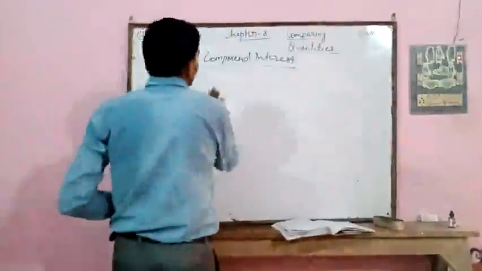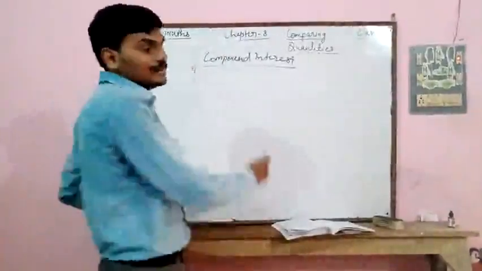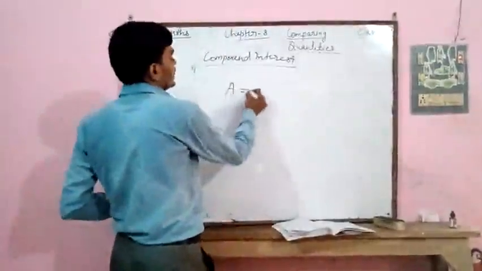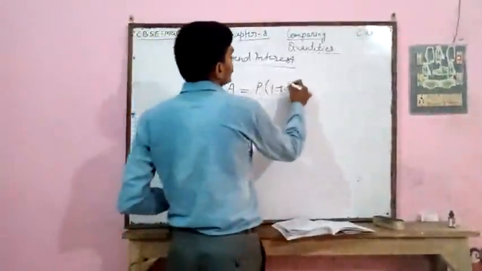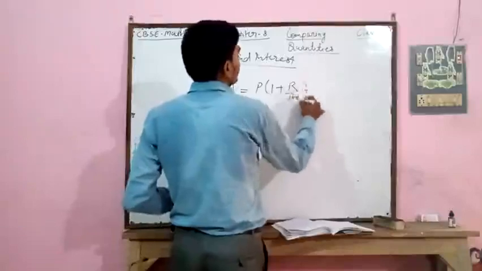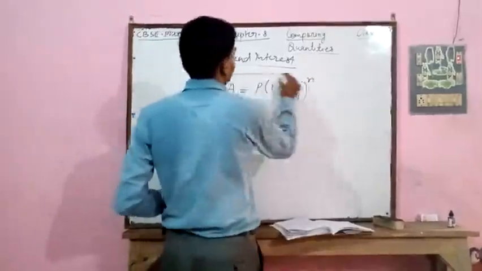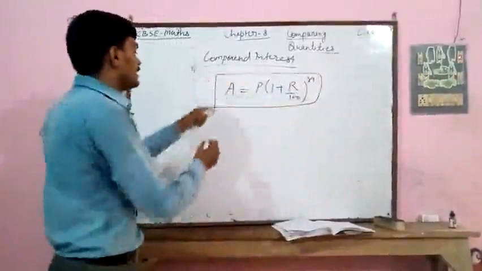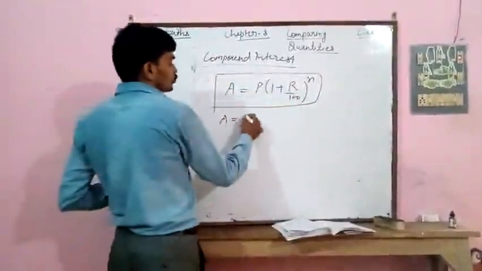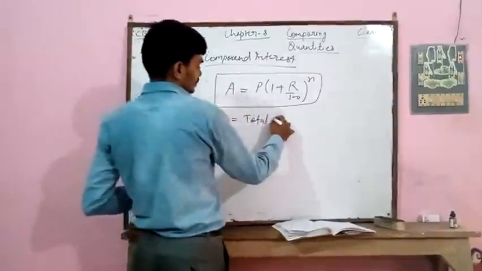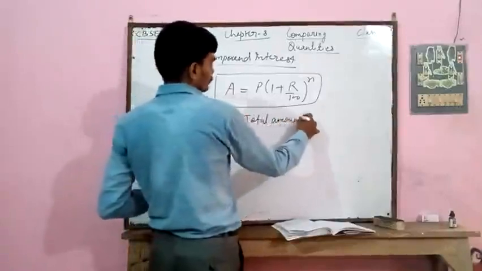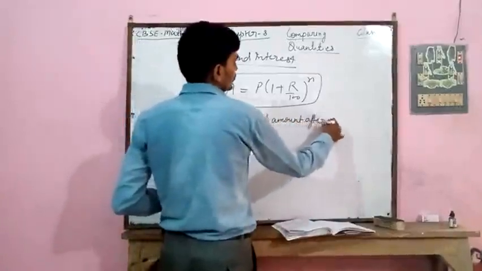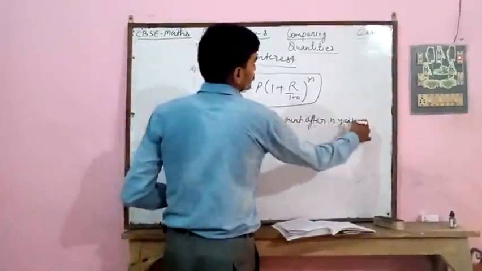Now what is the formula to find the total money after n years? A is equal to P into (1 plus R upon 100) to the power n. Here A is the total amount after n years.